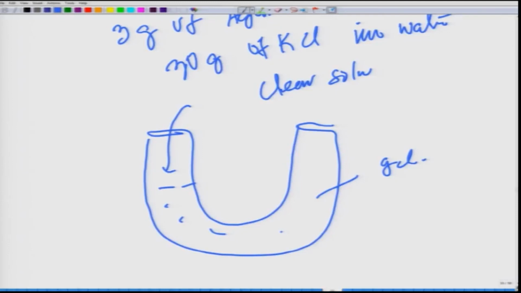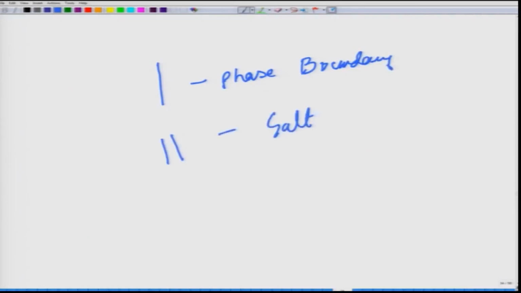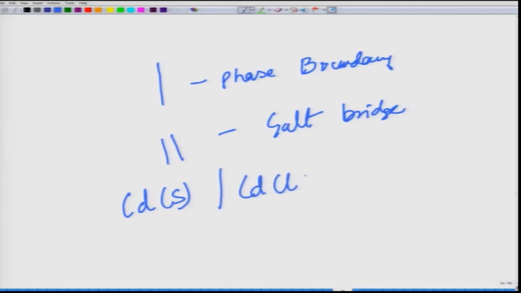And talking about the line notation, a single line shows the phase boundary and the double line shows the salt bridge. So, the cell in this case is cadmium solid, CdCl aqueous.